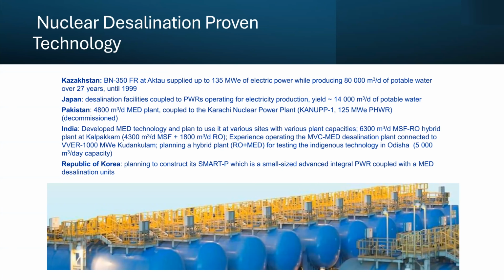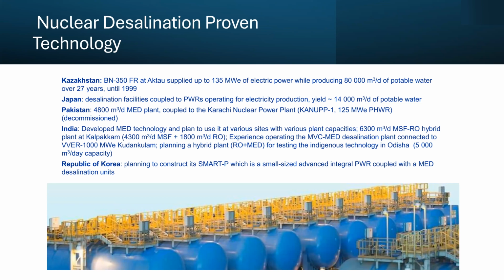Here is to show you that nuclear desalination actually exists. It happened. We have experience with it. It's not just an idea. Kazakhstan used it with a fast breeder reactor for almost 27 years, and then closed it down, and it used to produce 80,000 cubic meters per day of potable water.